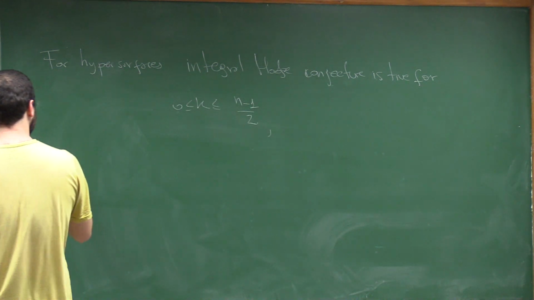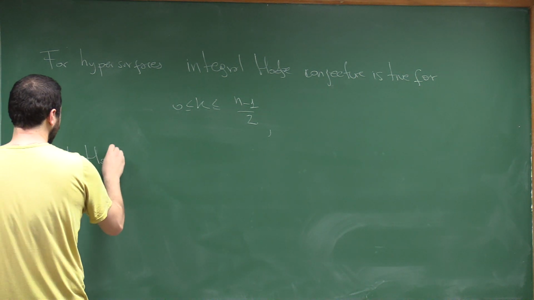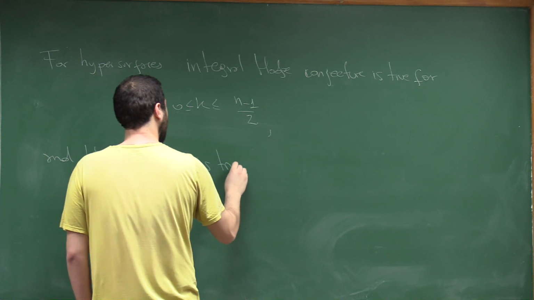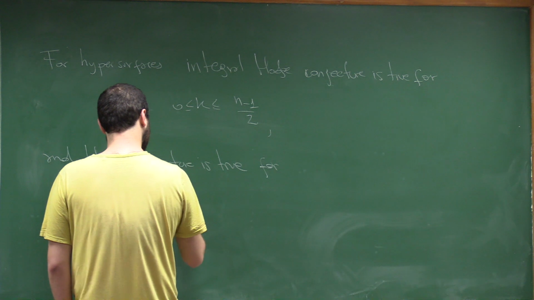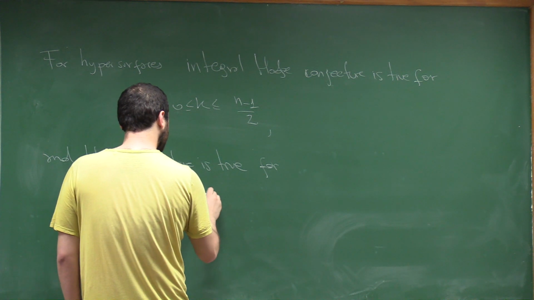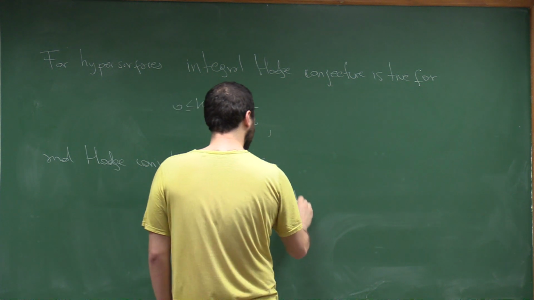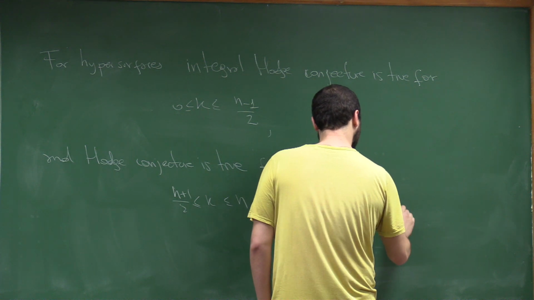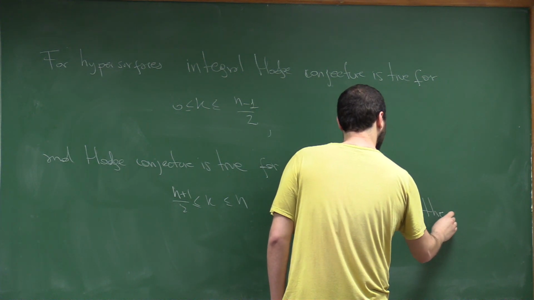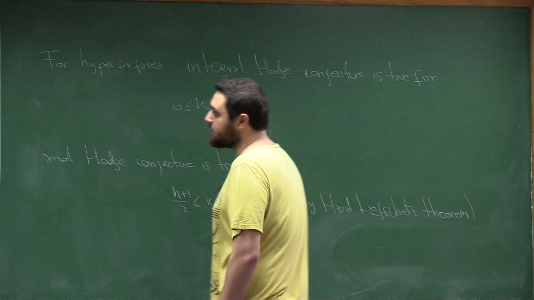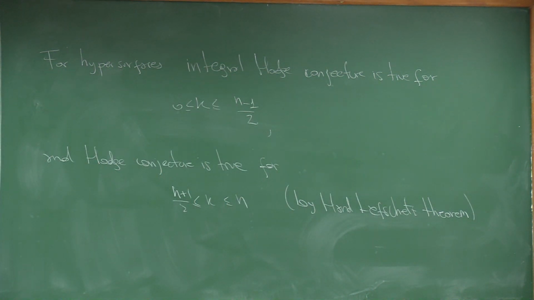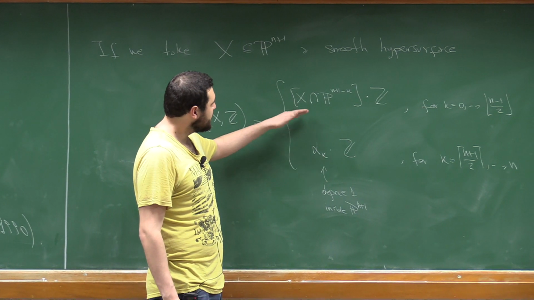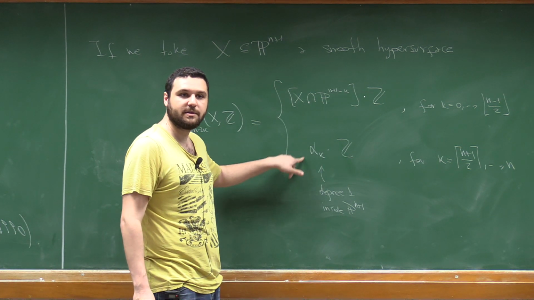And also the Hodge conjecture is true for these other cases, (n+1)/2 less or equal than k less or equal than n. This is by the Leray-Lefschetz theorem. You know that the Leray-Lefschetz theorem is saying that the intersection map gives you an isomorphism between these groups and these other groups, right? The intersection map.